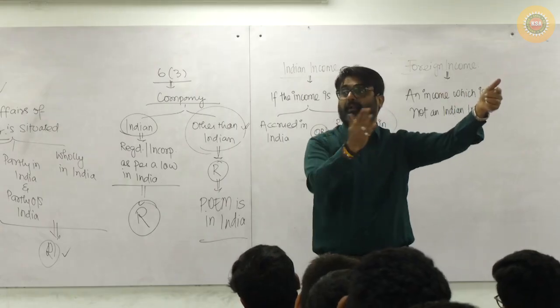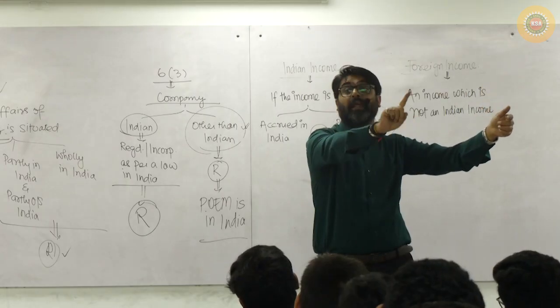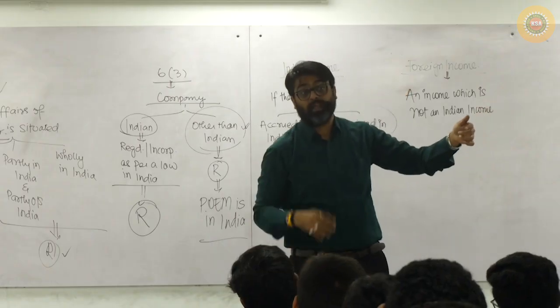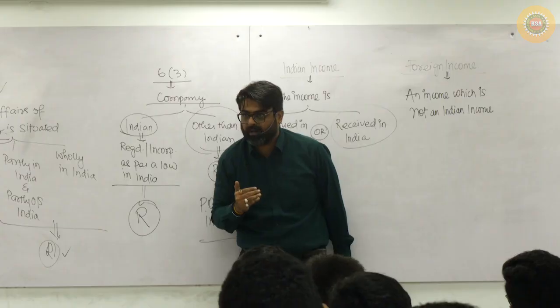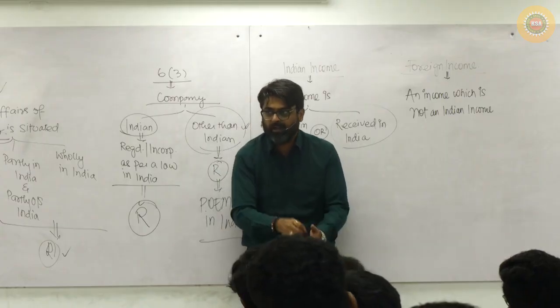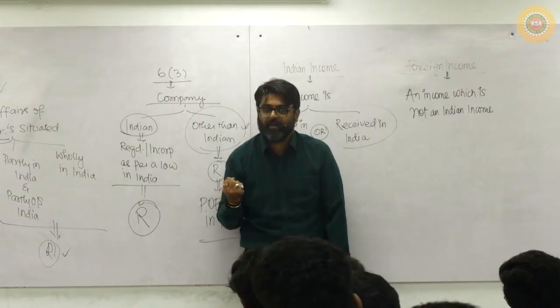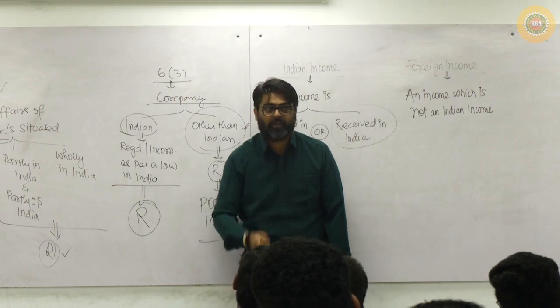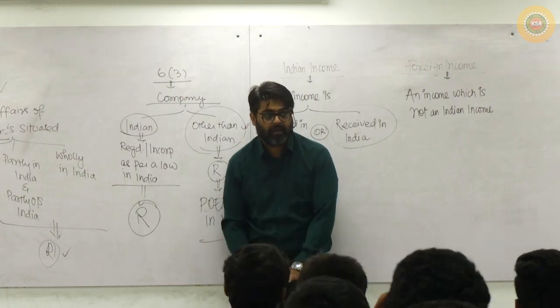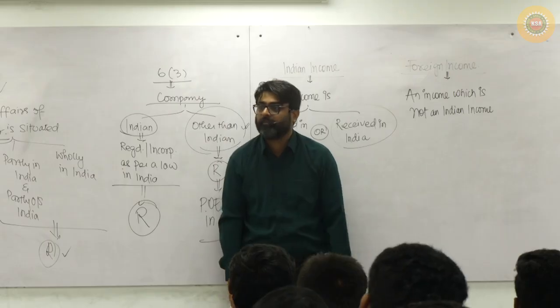Getting my point? Now the moment he deposits that money in USA in my bank account, that money will reflect in my bank account in India, which I will withdraw. When the money is coming in my control for the first time, where? India or outside India?